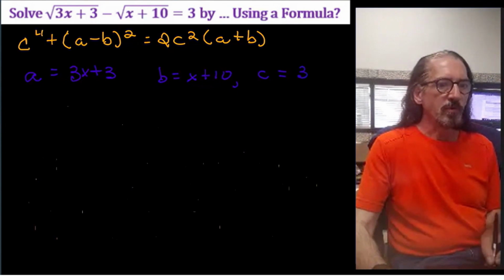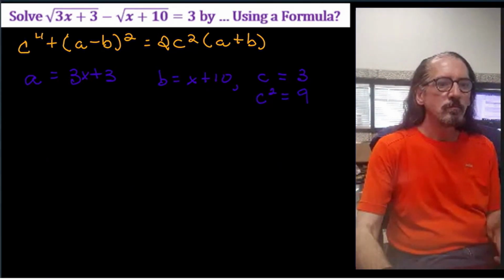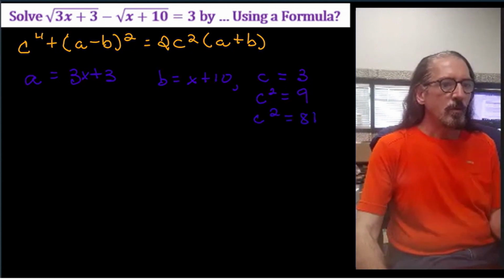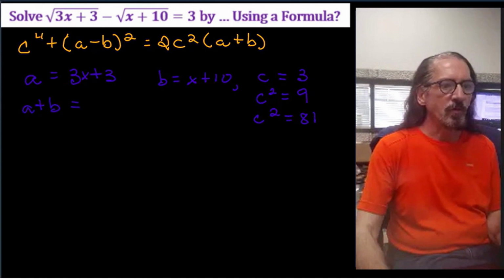So the easiest part to deal with here is what's c squared and what is c to the fourth. Next, a plus b, what we have over here, that would be just a nice matter of combining like terms. 3x plus x will give us 4x. 3 plus 10 will give us 13.